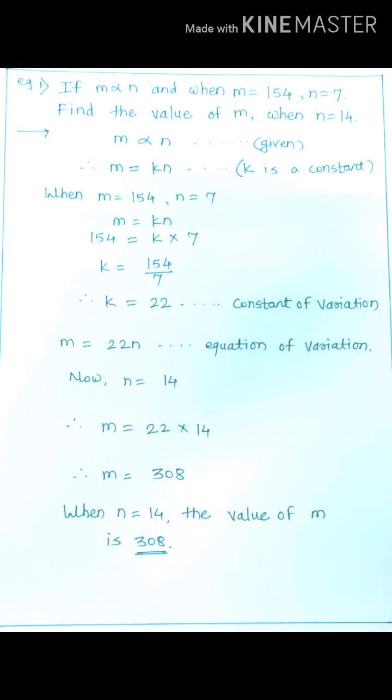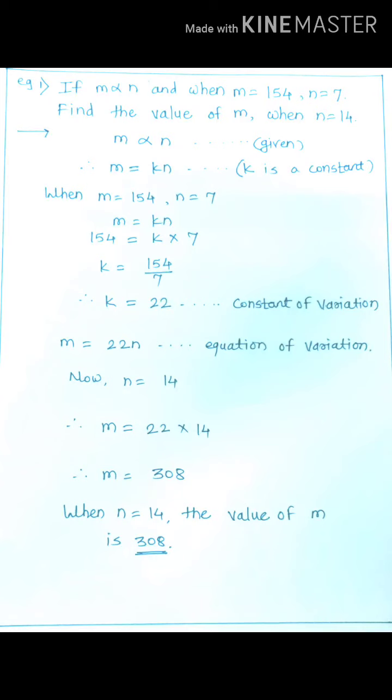Let's see examples of direct variation. First example: if m is directly proportional to n, and when m is equal to 154 and n is equal to 7, find the value of m when n is equal to 40. So, what is given? m is directly proportional to n. Therefore, m is equal to kn, where k is a constant.